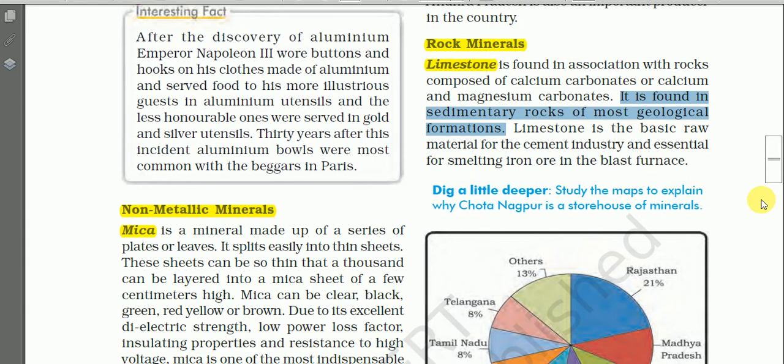And you know that limestone is the basic raw material for the cement industry and essential for smelting iron ore in the blast furnace. So it tells the use of limestone. It is used in making cement, and it is also used in the smelting of iron ore in the blast furnace.